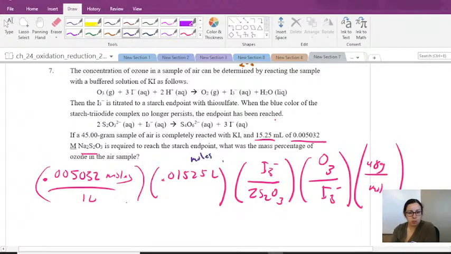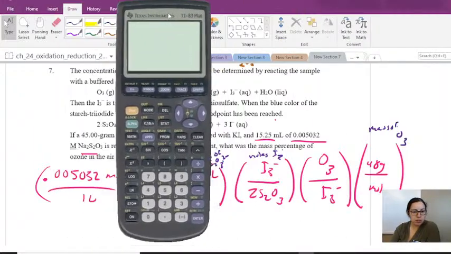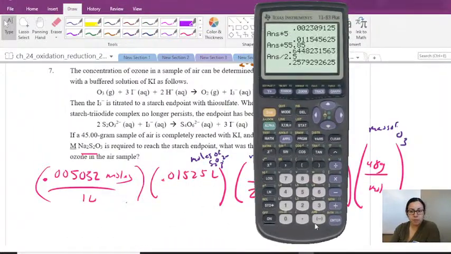So this gives you moles of iodide. So let's see what we get when we plug this all in.